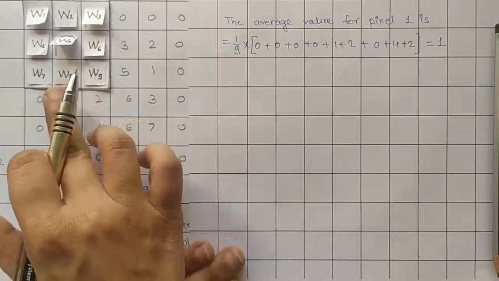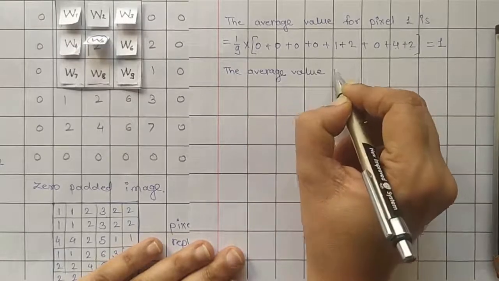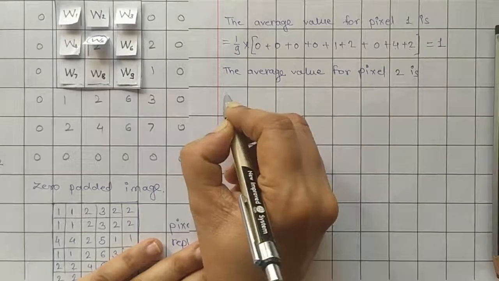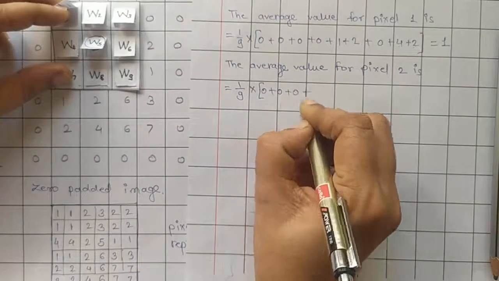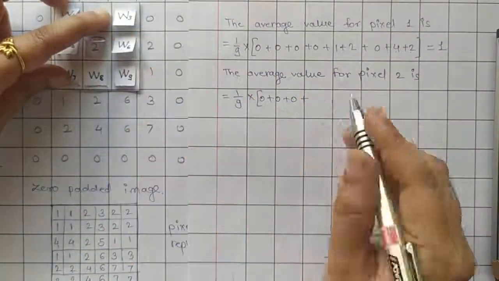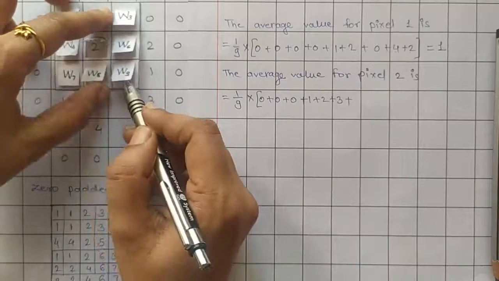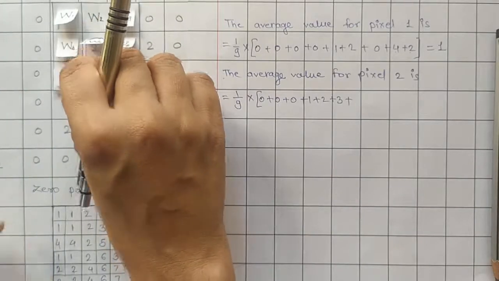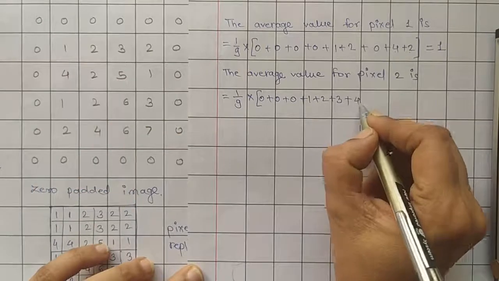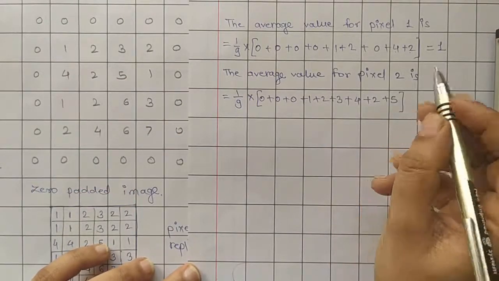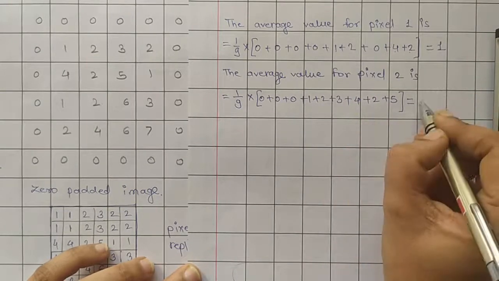After doing this, we shift our mask to the right by 1 position and find the average value for pixel 2, which will be 1 by 9 into 0 plus 0 plus 0 plus 1 plus 2 plus 3 plus 4 plus 2 plus 5, and then we calculate and get 17 by 9, so it is about 1.89.